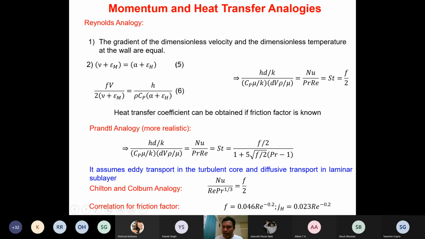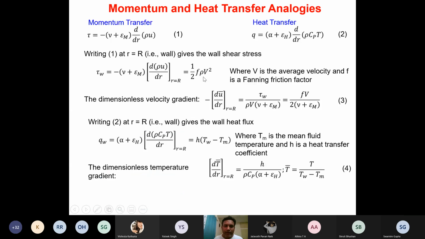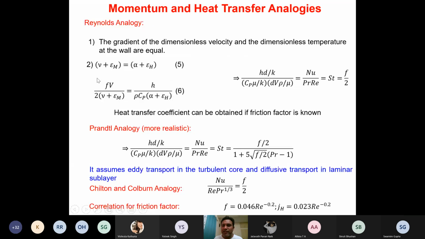So these gradients are first equated. The gradients we have already found out from equations 3 and 4. So equation 6 comes directly by equating the dimensionless velocity gradient and the dimensionless temperature gradient. Now, in addition, from equation number 5, nu plus epsilon m is the same as alpha plus epsilon h, so this also gets cancelled out.